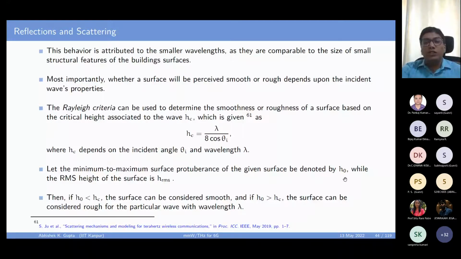Now you compare H0 with Hc. If the surface disturbance is less than the wave's critical height, the surface will look smooth. If the surface disturbances are more than the critical height, the surface can be considered rough.